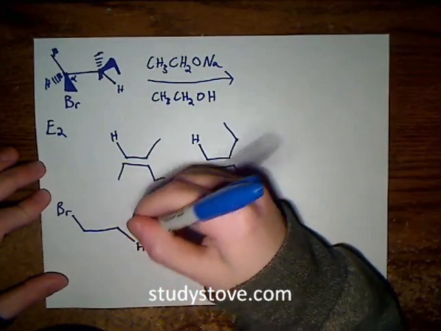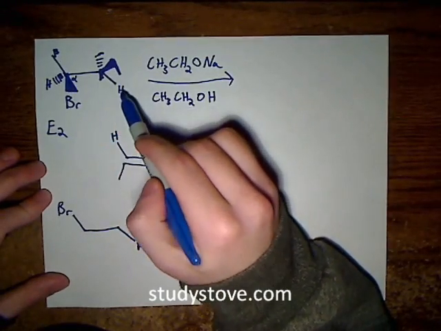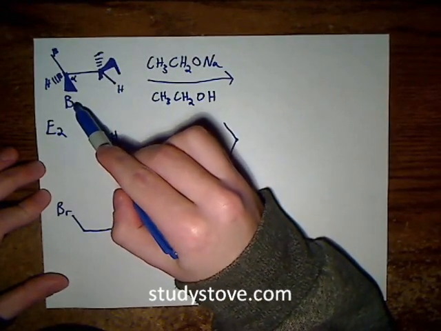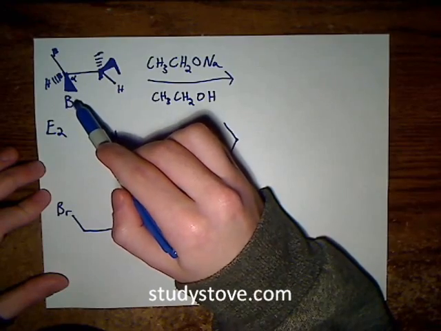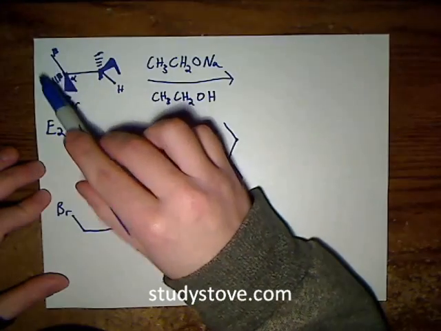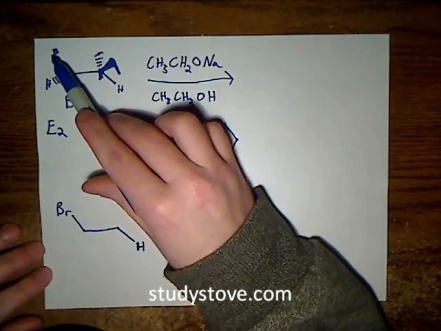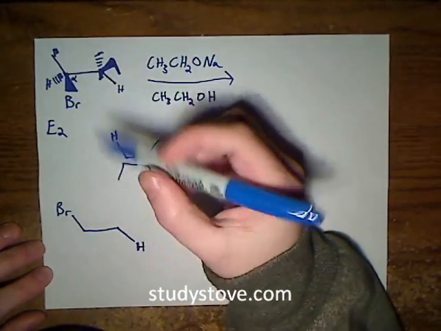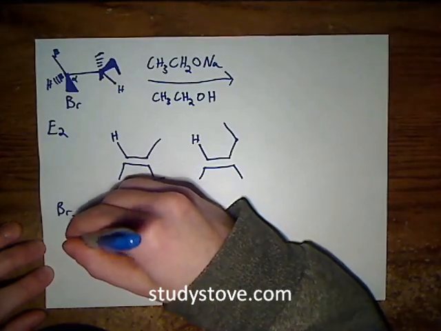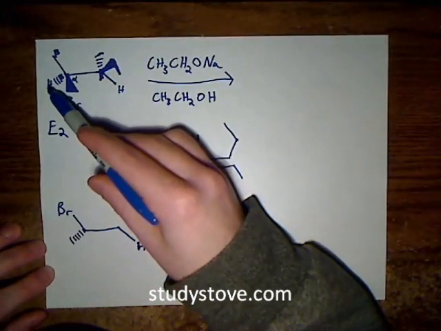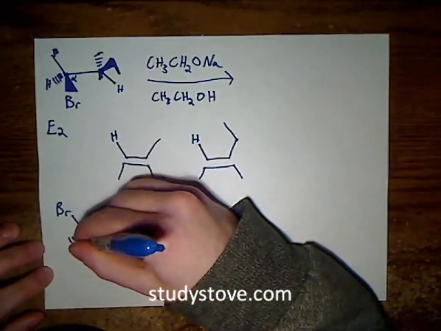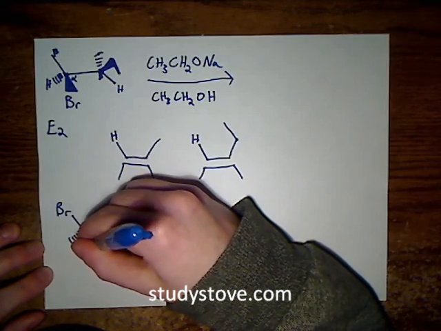So I'm going to redraw this now so that we have our hydrogen anti-periplanar from the leaving group. I'm going to do that by just rotating these substituents around this bond right here. Our methyl group is now going to go into the page, and our hydrogen is now going to be coming out of the page towards us.